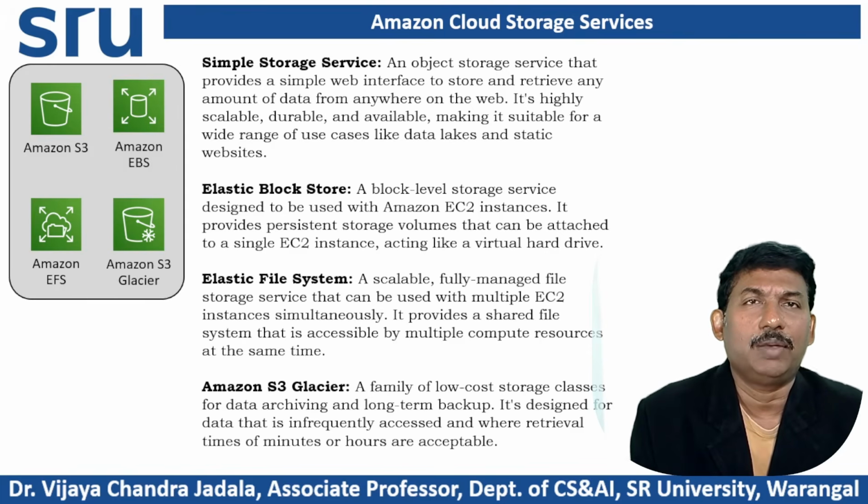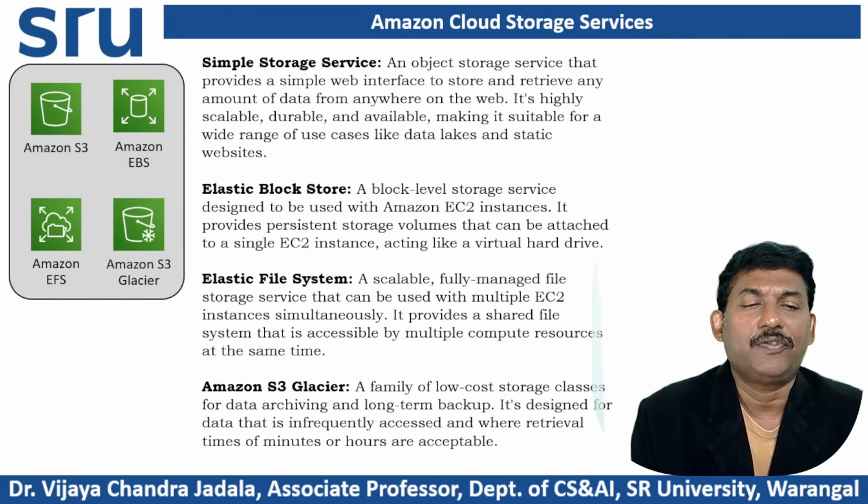It's highly scalable, durable and available. It is suitable for a wide range of use cases like data lakes and static websites. Then comes Elastic Block Store, a block level storage service designed to be used with Amazon EC2 instances. It provides persistent storage volumes that can be attached to single EC2 instances, like virtual hardware.